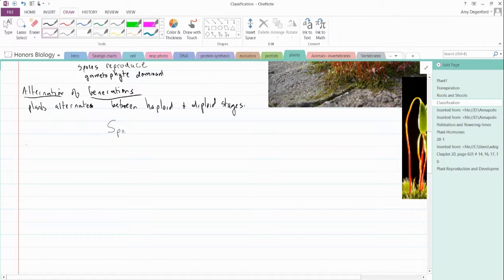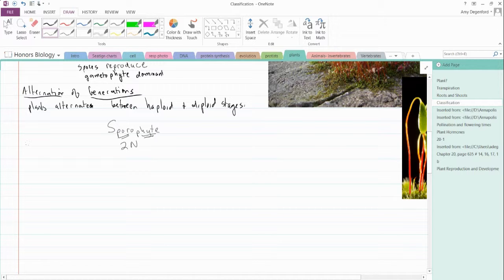Now, if we were to make a very simple, basic life cycle, we might start out with something called a sporophyte. You can kind of break down the word. Phyte is the fancy name for plant. So this is a spore-producing plant. And just as the name implies, a sporophyte is going to produce spores. We need to establish something first. The sporophyte is diploid. It is 2N.